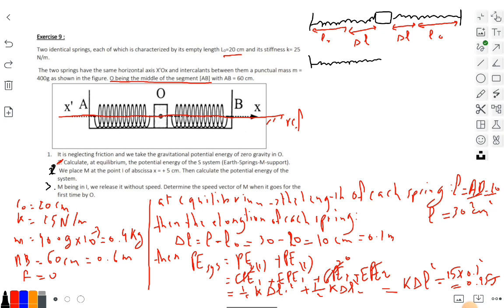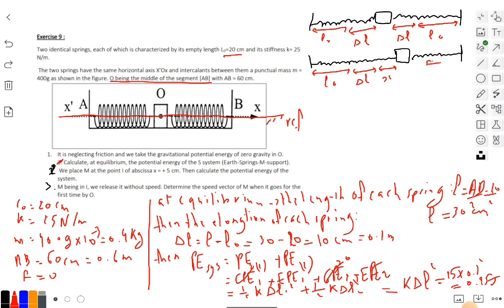The figure becomes like this. This is L0, kept the same. This is delta L, and this is x.